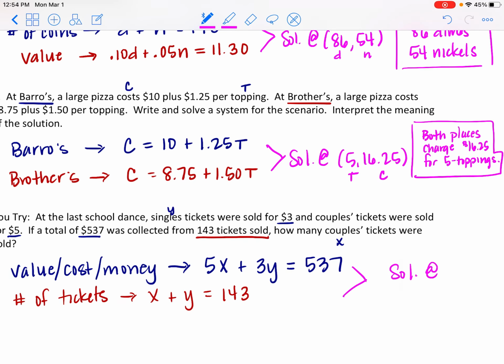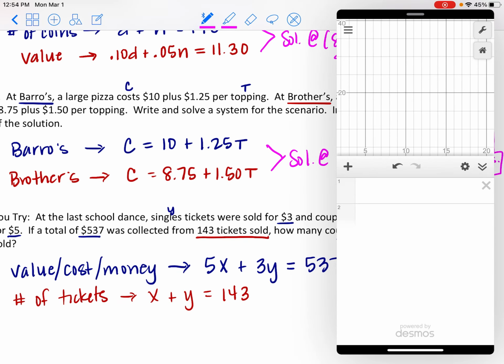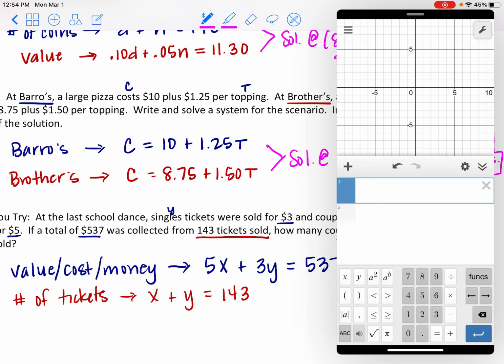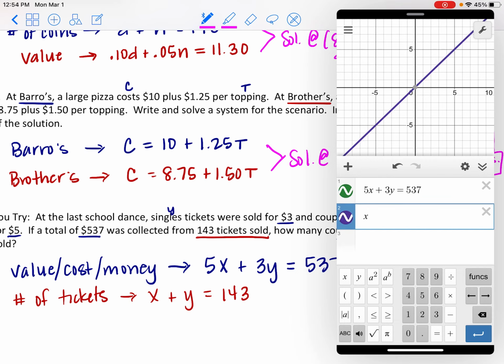We're going to have a solution at, let's find out. And zoom back in. 5x plus 3y equals 537, and x plus y equals 143.